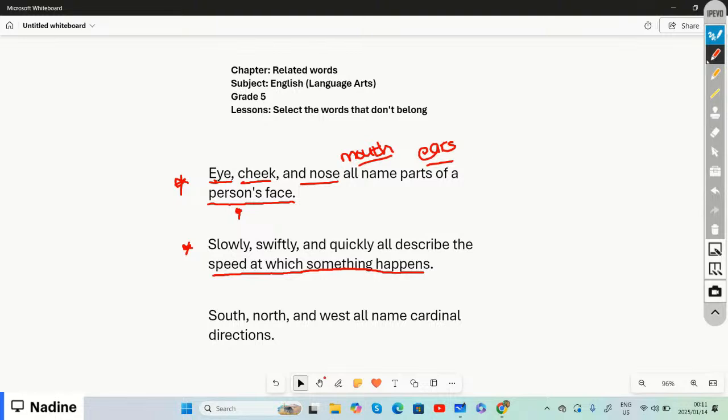And if we look at the things that describe the speed at which something happens, then we can either say something is slowly, or something is swiftly, or something is quickly, or we can even say hurriedly. That basically tells us how things are being done. Chop, chop, quickly, hurriedly, swiftly, slowly.